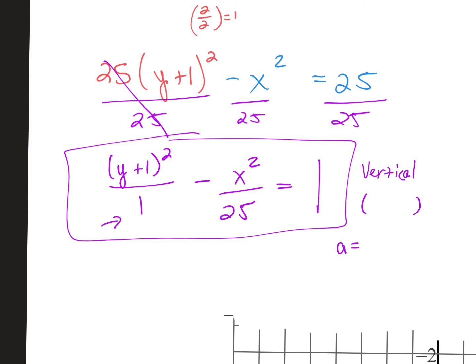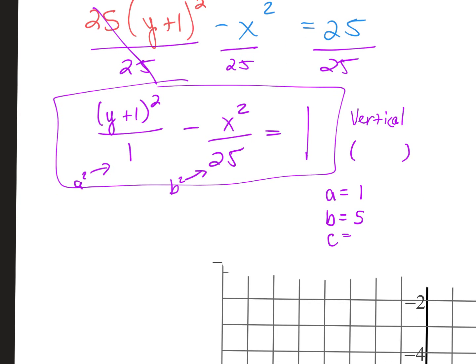Yep, because a squared is 1, so square root of 1 is 1. What is my c value? Do we know right now what C is? No. We know what B is, though. What's B? 5. Good. And how would I figure out what C is? C squared equals a squared plus b squared.